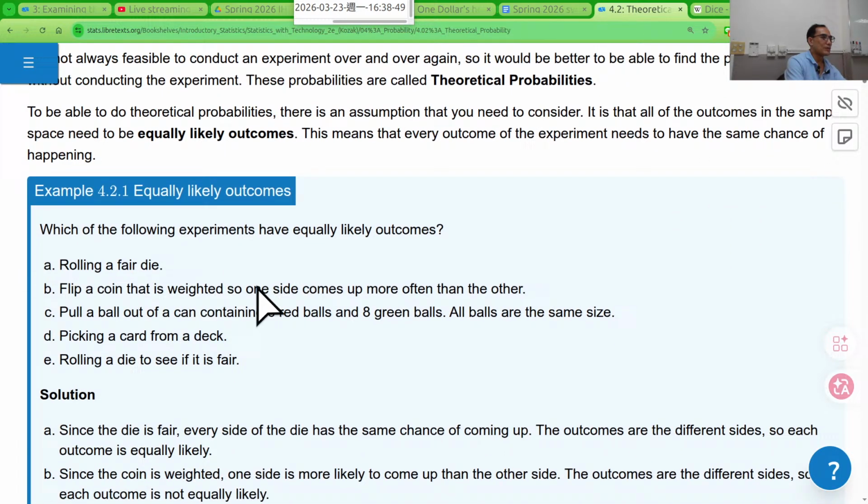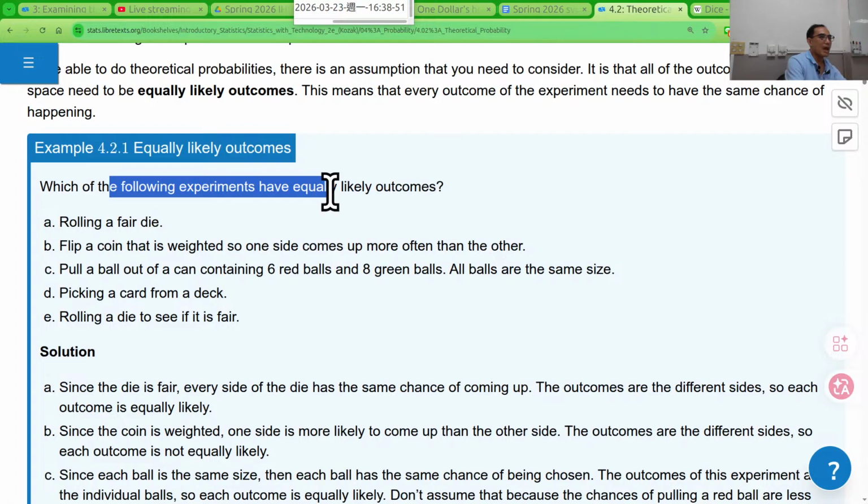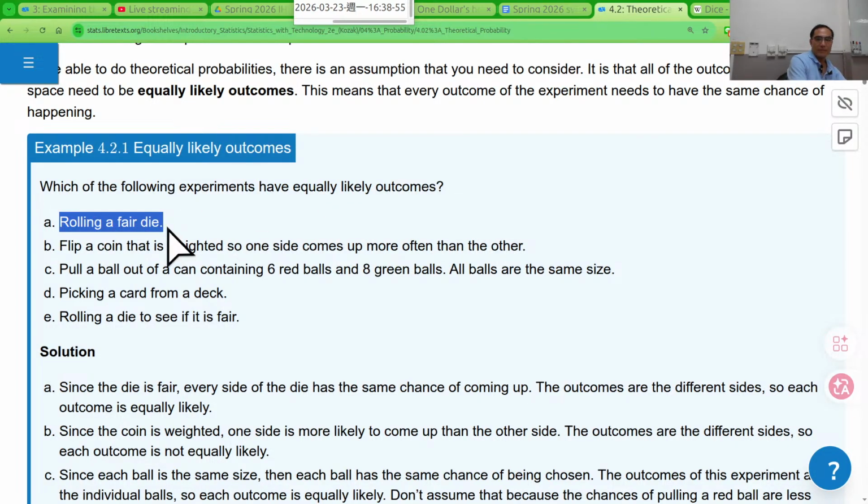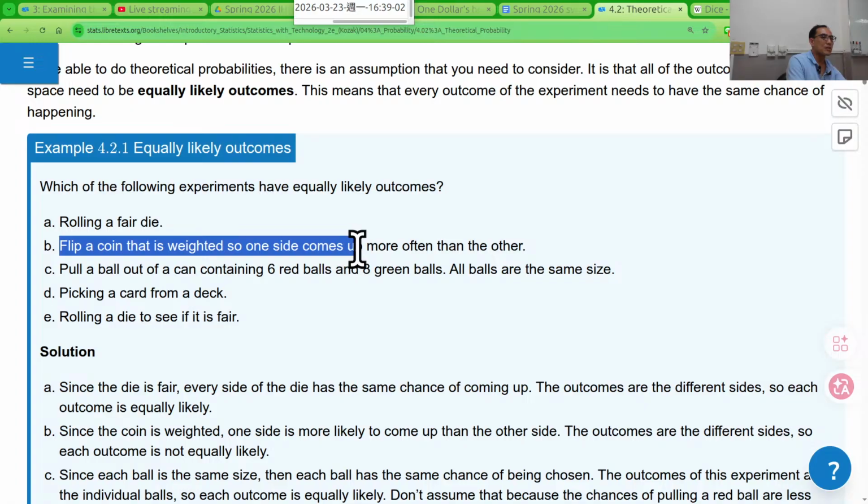Okay, example: which of the following experiments have equally likely outcomes? First one, rolling a fair die. Second one, flip a coin that is weighted so one side comes up more often than the other side.